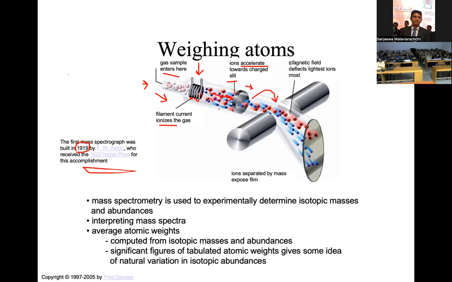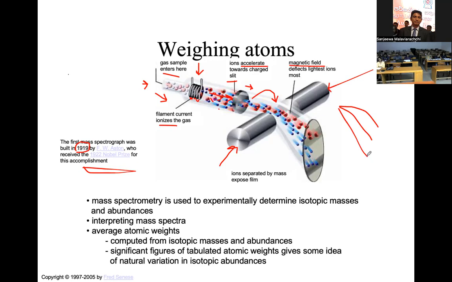Here you have the magnet, a very strong magnetic field, right? So they are passing through a magnetic field, which means they will separate into different isotopes, right? Different isotopes means different masses, and depending on the mass they can be separated.